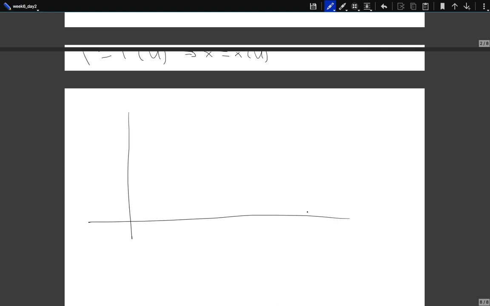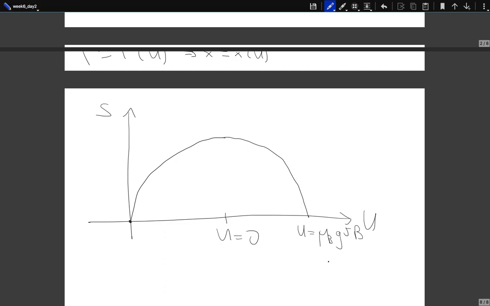if you just solve them, the entropy S in terms of U: at U minimum, when everything is in the ground state, T equal to 0, entropy is 0. Then it starts increasing, and then it starts decreasing again. This corresponds to U equal to mu B times g times J times B, of course for the case J equal to 1/2, L equal to 0.